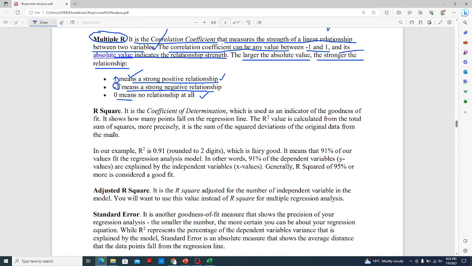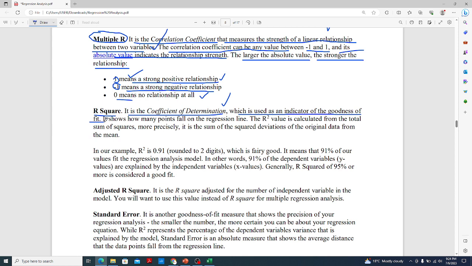Now let's go to R squared. R squared is the coefficient of determination, and we said it's an indicator of the goodness of fit of our model.